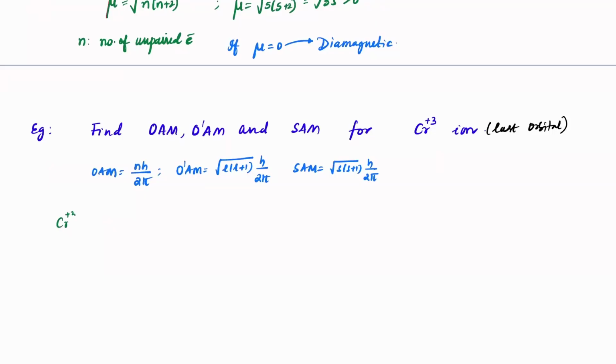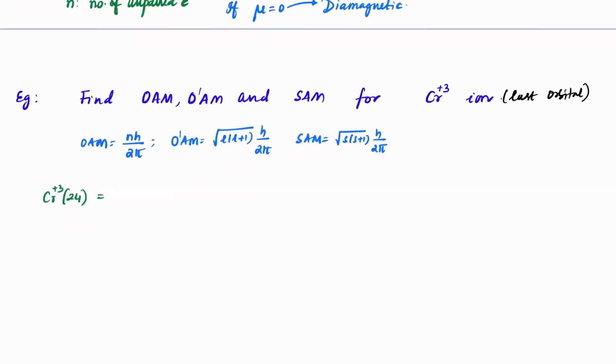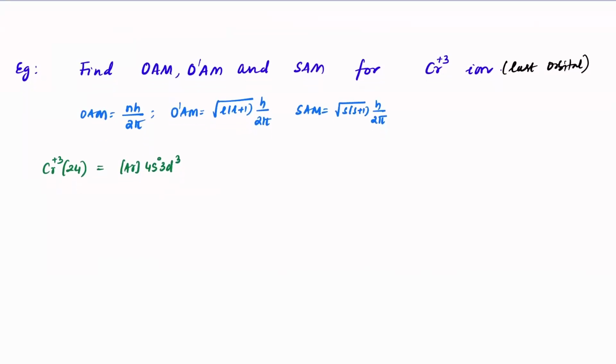Chromium plus 3 is supposed to have 24 protons and 21 electrons. Now it has become argon 4s0 3d3. That is the number of unpaired electrons if you may have solved it.